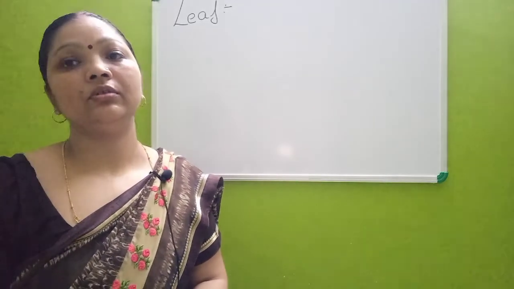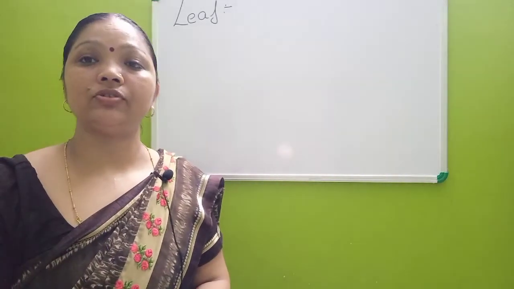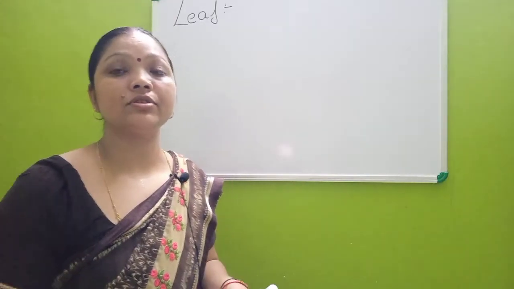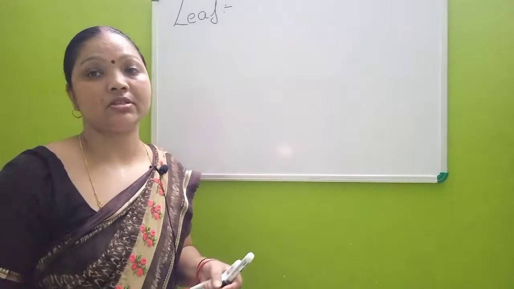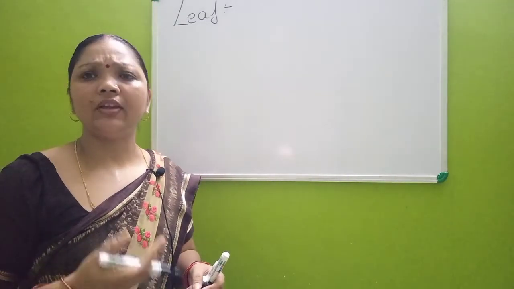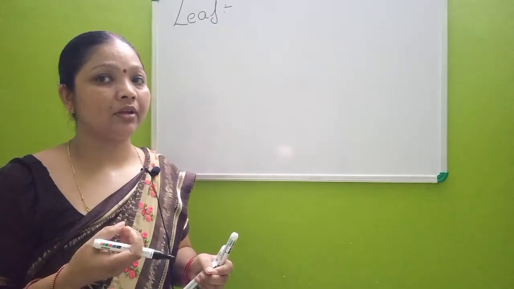We have talked about the stem, we have talked about the root, we have talked about the modification of stem and root. Now the next part that is present in shoot and that is essential for the plant is the leaf. When we talk about the word leaf, what comes to our mind?